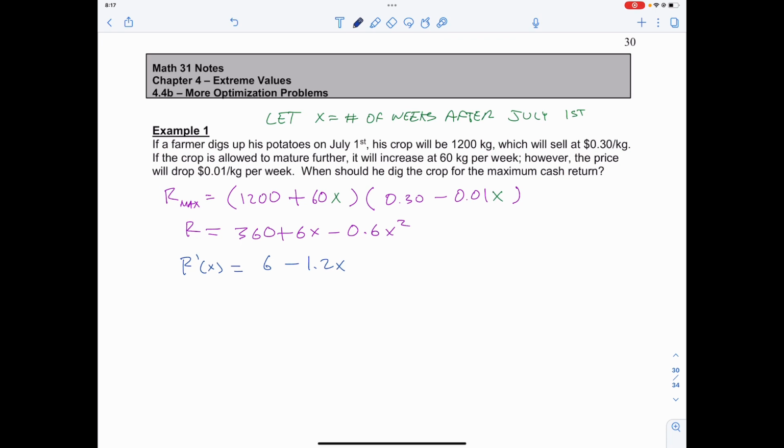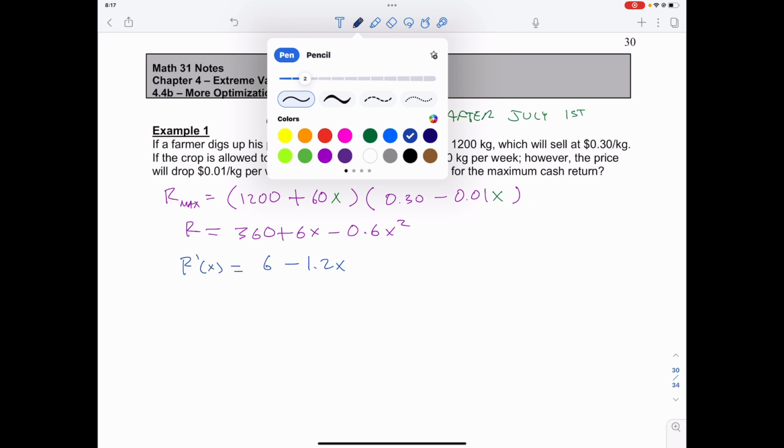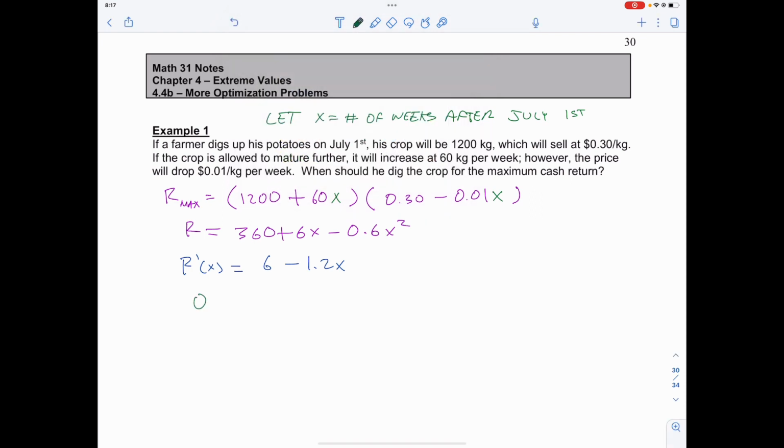When I do the critical numbers, then 0 is equal to 6 minus 1.2x. So 1.2x is equal to 6, so x is equal to 5. That's my only critical number.